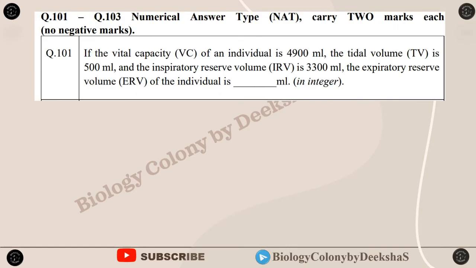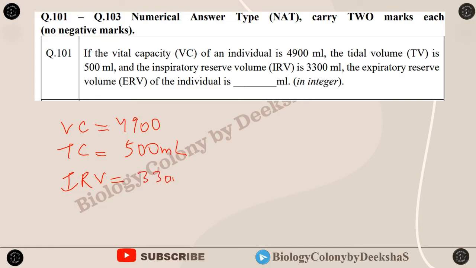So the next question is a numerical answer type question and it carries 2 marks. If the vital capacity of an individual is 4900 ml and the tidal volume is 500 ml and the inspiratory reserve volume is 3300 ml, the ERV or expiratory reserve volume of the individual is?